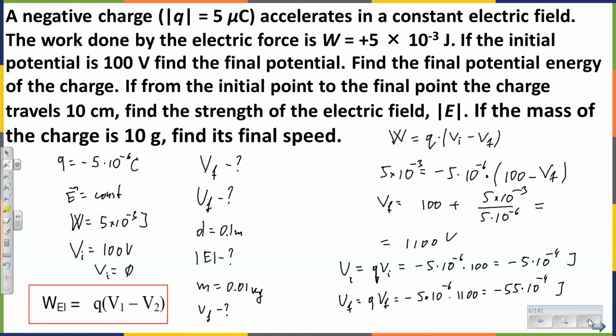So we know that when a charge is released, well, any object in a potential field released on its own starts traveling from a location with high potential energy to a location with low potential energy, like a ball falling down. What else?